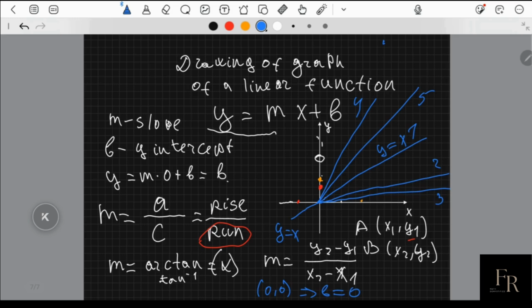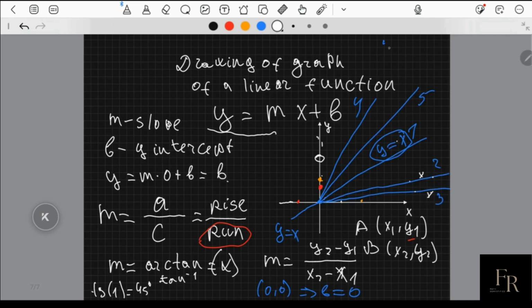Slope of this is 45 degrees, because tangent of 45 degrees equals 1. Remember, m is 1 here. What do you think? Slope is bigger here or here? Obviously, slope gets lower on second line, gets even lower on third line.